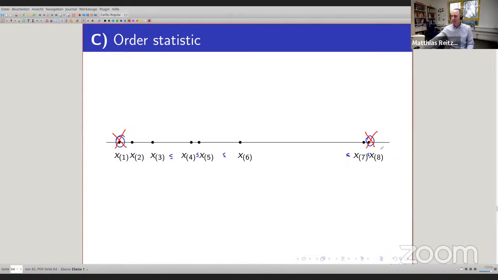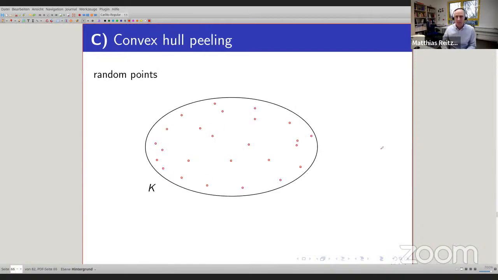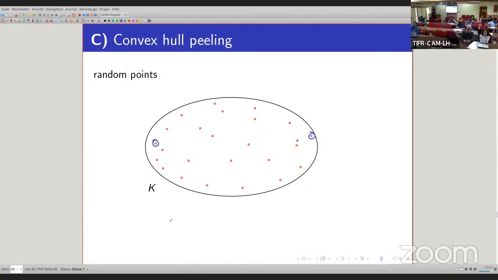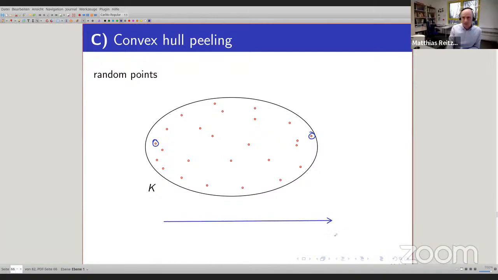What is order statistics in higher dimensions? So let's have something like this. I'm in a higher dimension, I have random points. I'm looking for the extreme points. Clearly, maybe this is the most left point and this is the most right point. These are the extreme points. But these are only the extreme points if you look in this direction.